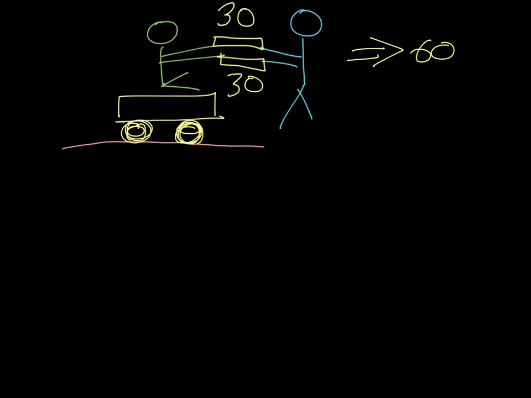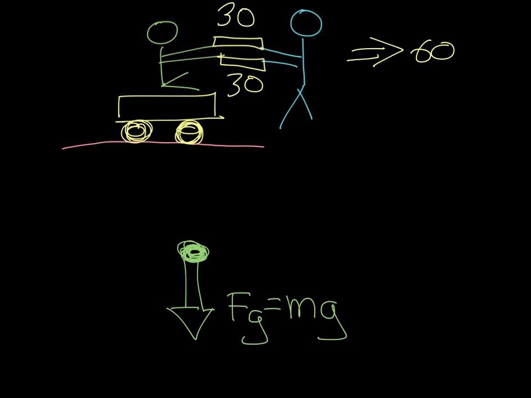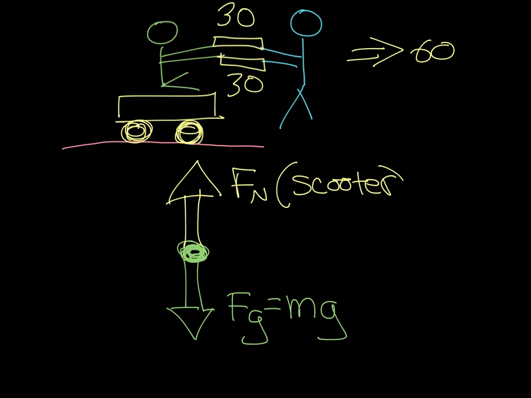Now let's do the free body diagram for this person on the scooter here. Acting on this person, we've got the force due to gravity, of course, the weight of that person. And then supporting them is the force of the scooter. So the normal force is actually applied by the scooter in this case, which should be equal and opposite the force due to gravity.